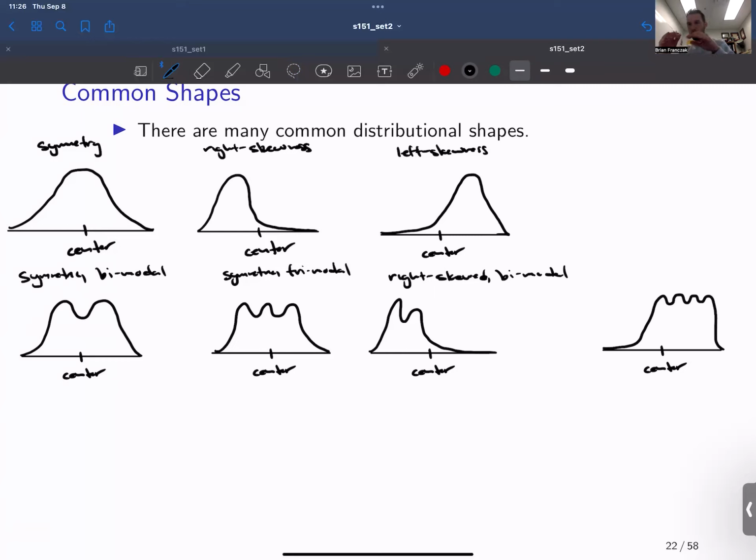It's unlikely the peaks are always going to be at the same height, but just for illustrative purposes, here we would have a left skew, and we could use a general term like multimodal, but I guess this would be quadmodal. So left skewed, quadmodal, we have four different peaks.